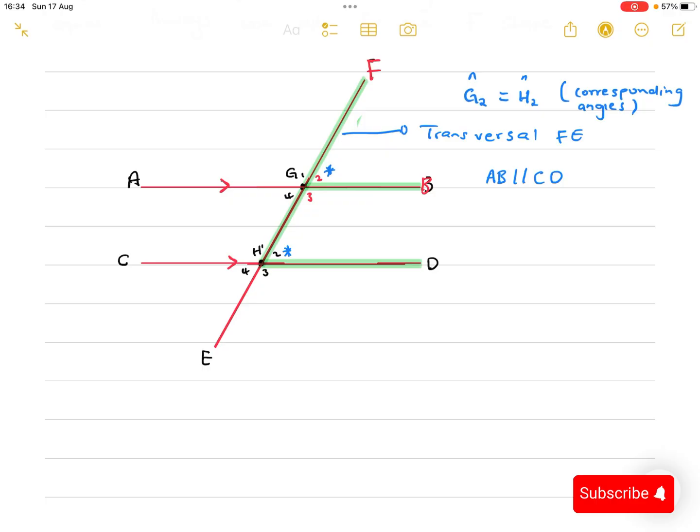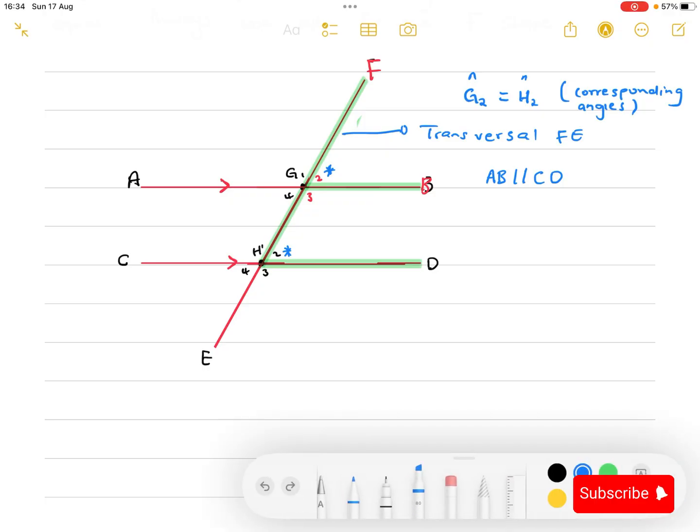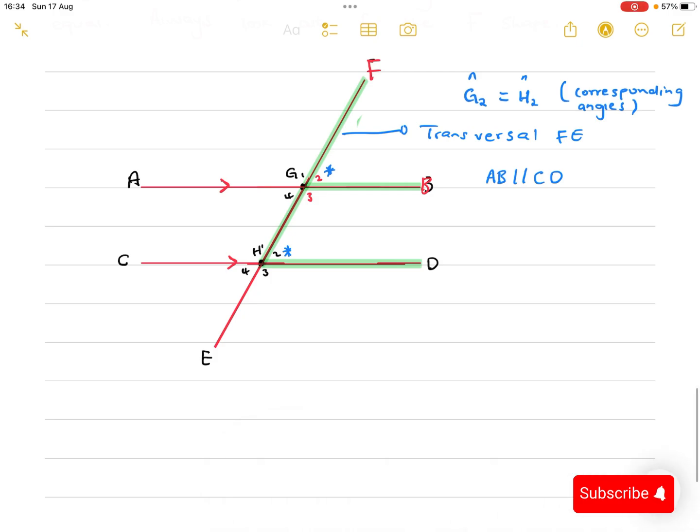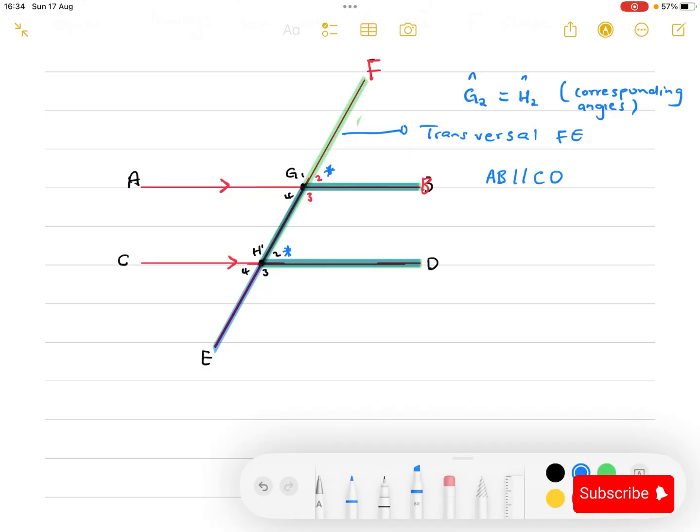And we want to look at which other angles are corresponding. Let us look at another F shape. Here's another F shape. We look at the parallel line, we go straight to the transversal. Here's the transversal, and then we are looking at another line that is parallel to the other one.